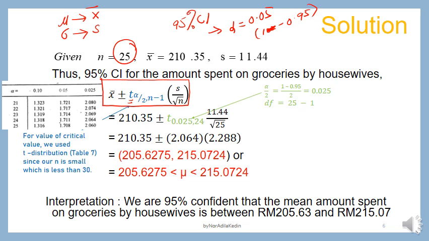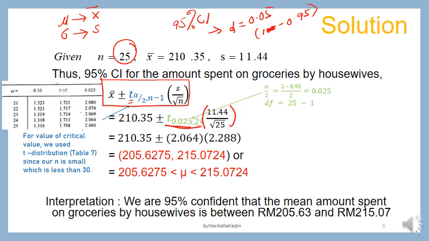Okay, and disebabkan kita pakai two tail, so T adalah alpha per 2, degree of freedom adalah n tolak 1, darab dengan your standard error 11.44 bahagi dengan punca kuasa 25.